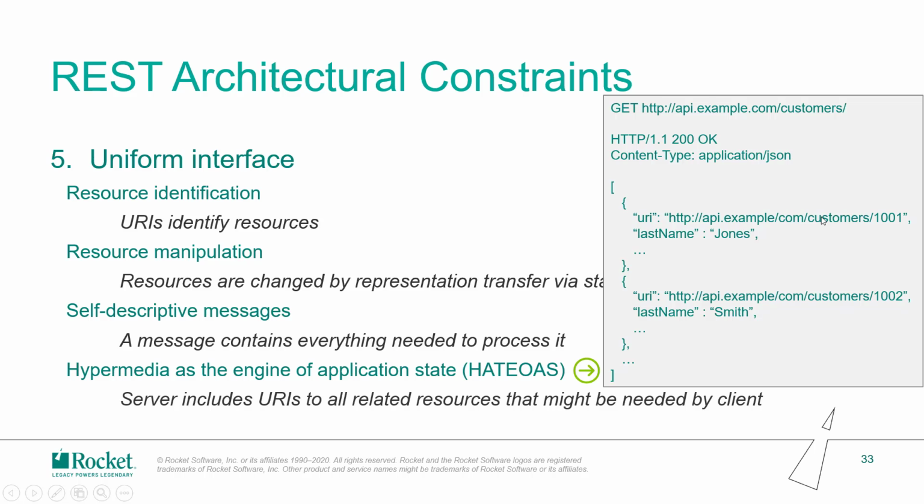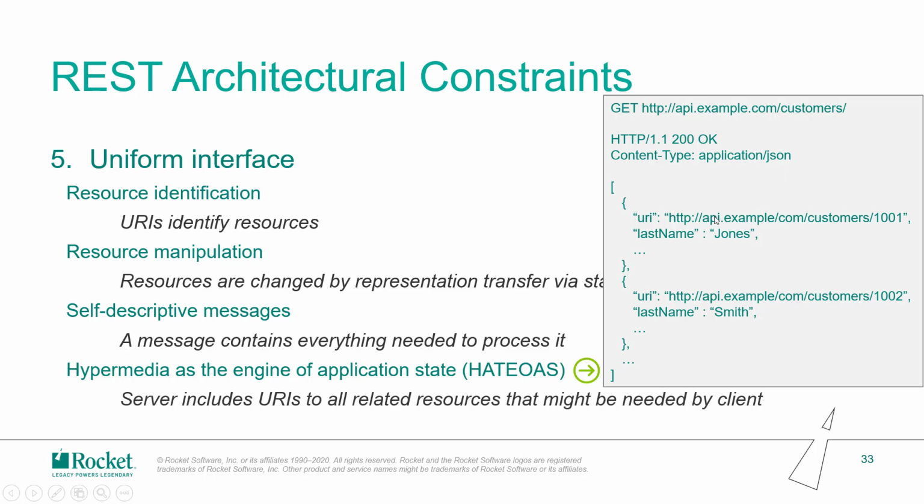It may seem unnecessary because it seems a bit intuitive that, well, if you have a customers endpoint like this, then to reach an individual customer, you would just need to put the identifier at the end of the base URL and you would be good to go.